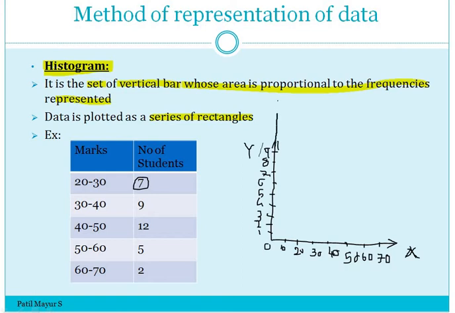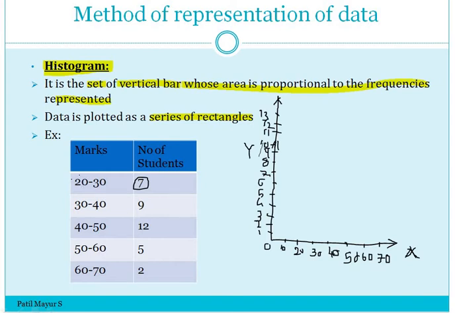I have to increase this. 10, 11, 12. Okay, and 13. So how is the histogram represented?